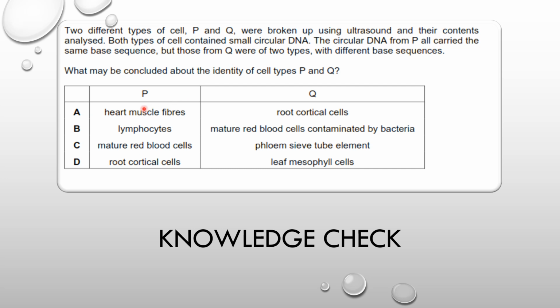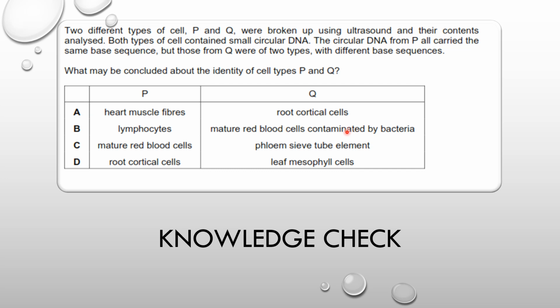Let's go. P here. Heart muscle is an animal cell, has mitochondria, no chloroplast. Root cortical cells, these are plant cells, but they don't have chloroplast. They have only mitochondria. So one organelle type. This is supposed to have mitochondria and something else, so it's not the answer. Lymphocytes, white blood cells, animal cell, has mitochondria.